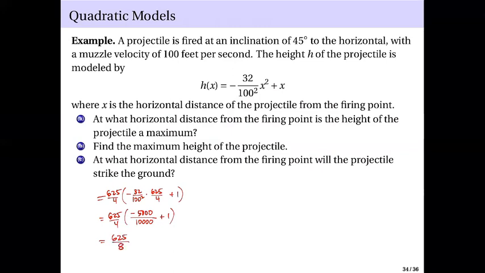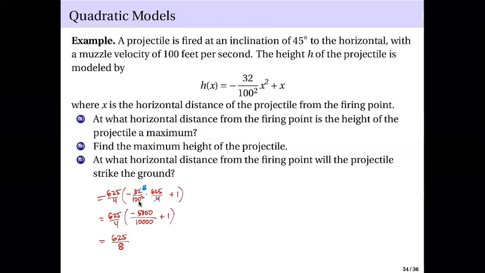What happened to the 625? Here 32 over 4, that's 8, so I canceled it. Because this is just multiplication, I can cancel that.